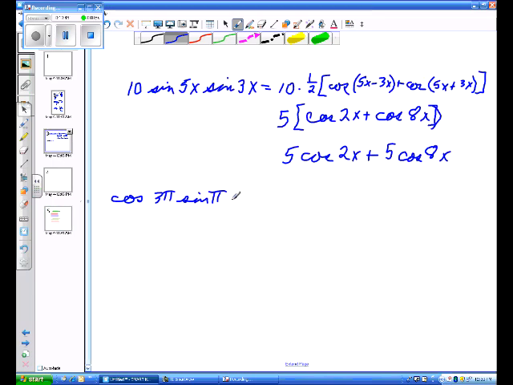So if we put that in, then this is going to equal 1/2 the sine of the sum of the angles, so 3 pi plus pi, minus the sine of the difference of the angles, so 3 pi minus pi.